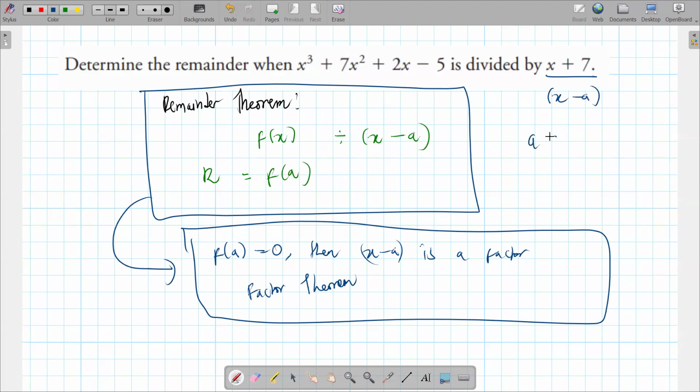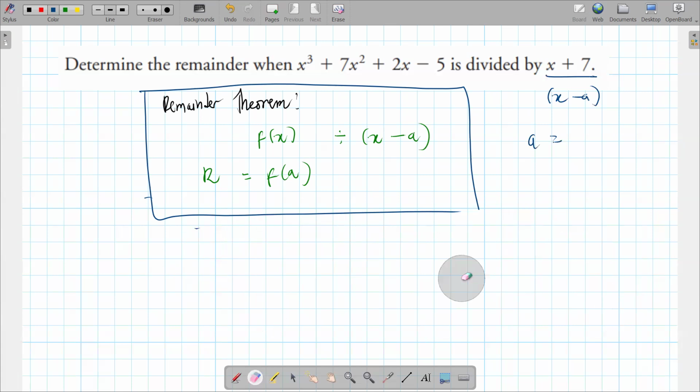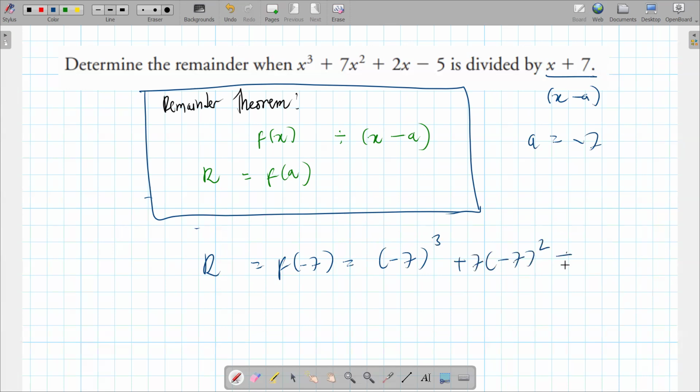So what is a? -7. And all you do is plug in f of -7. So your remainder will simply be f of -7. So you plug x as -7, like that.